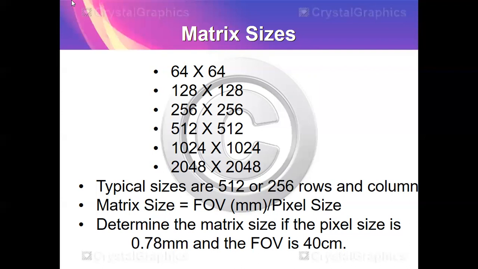The FOV must be expressed in millimeters, but in our example it is expressed in centimeters. So we convert 40 centimeters into millimeters, which is 400 millimeters. So 400 divided by 0.78 millimeters gives us the matrix size.